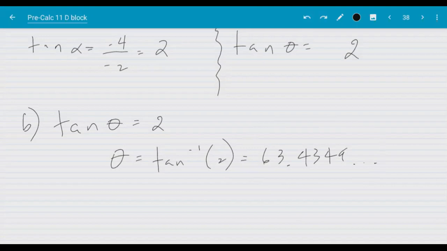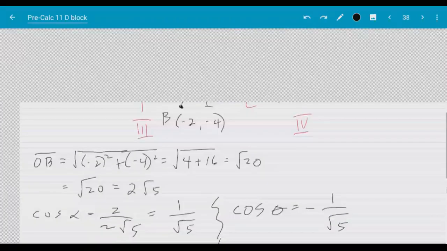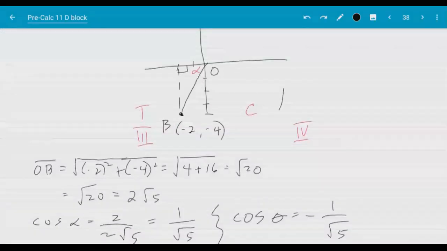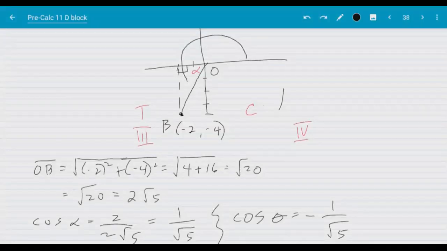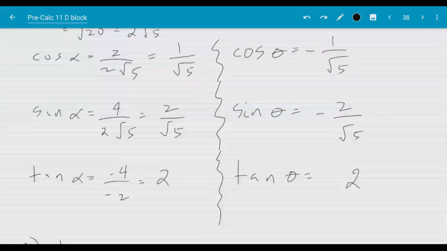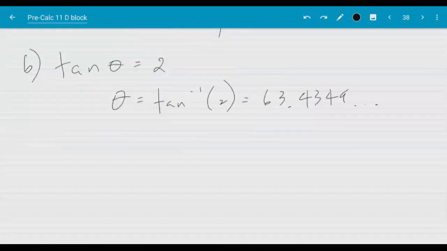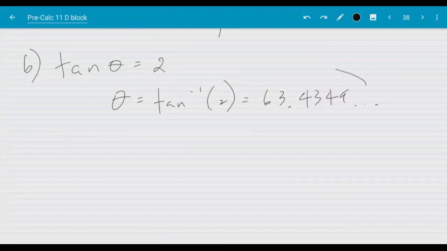Look, let's go back to the picture. The theta that we're looking for is this one. That is more than 90 degrees. That is more than 180 degrees. So now you're thinking, okay, so what gives? The angle that you actually got is the reference angle that was given by your calculator.